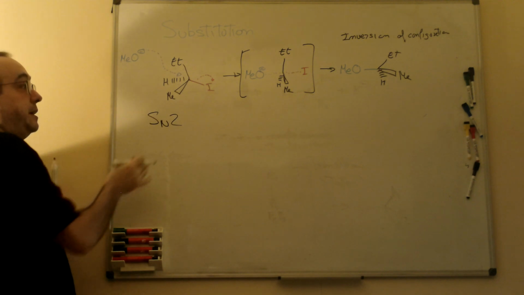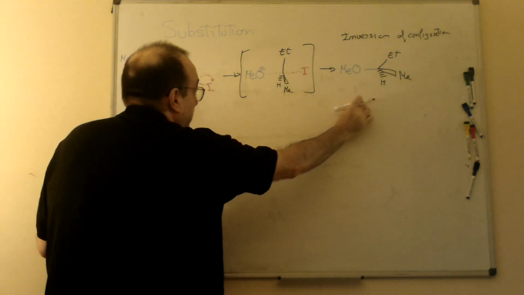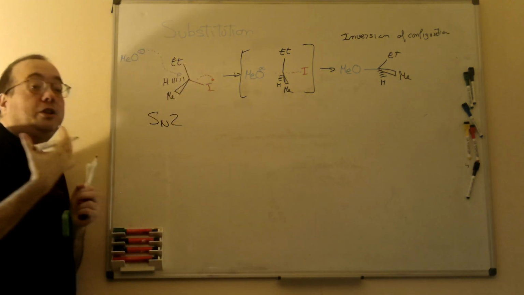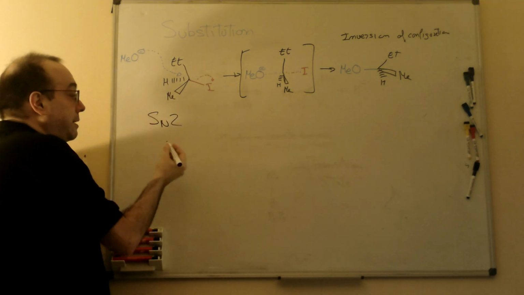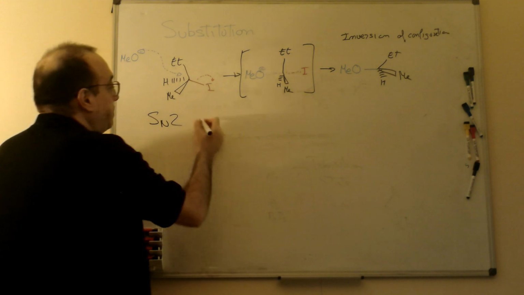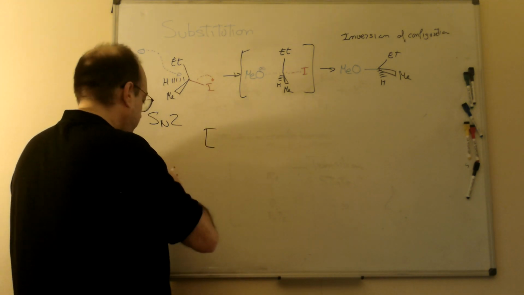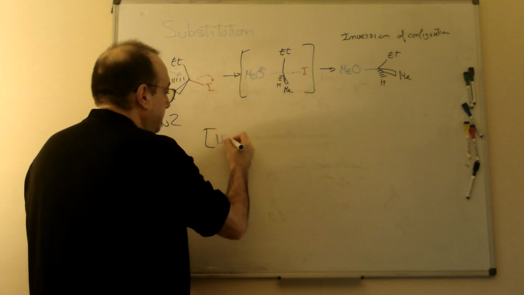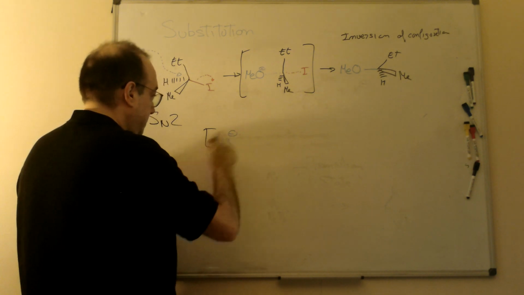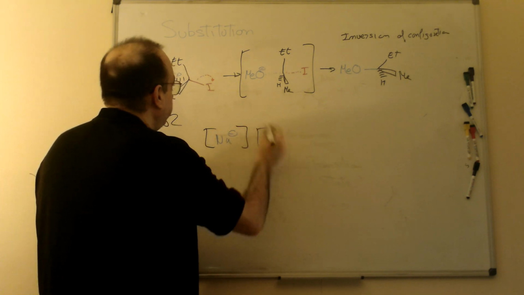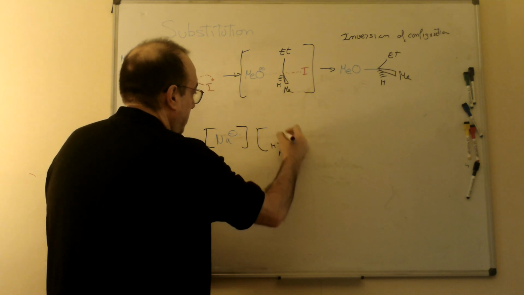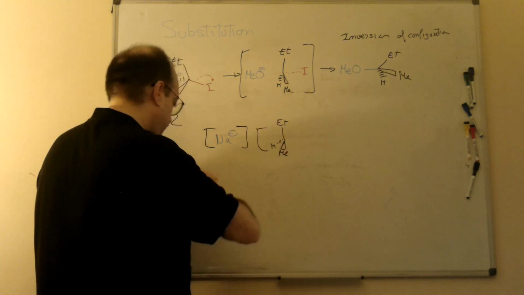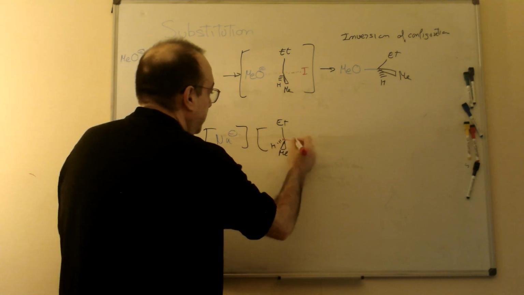which will be the rate determining step? Well, it will be from here because it's only one step. Okay? The rate of the reaction will depend on the concentration of the nucleophile and the concentration of the molecule that is reacting.